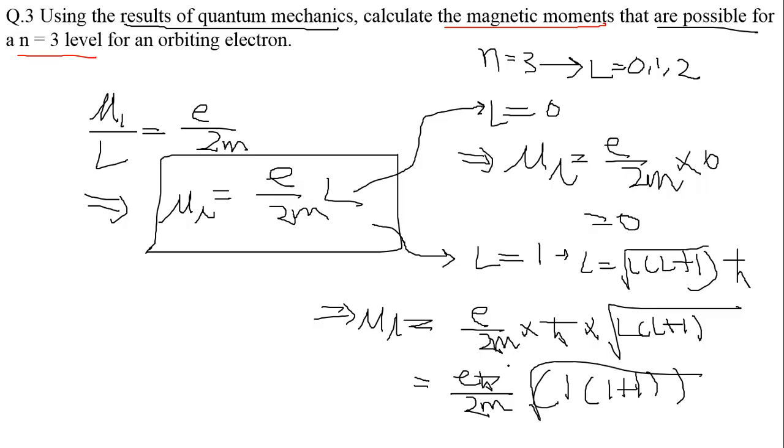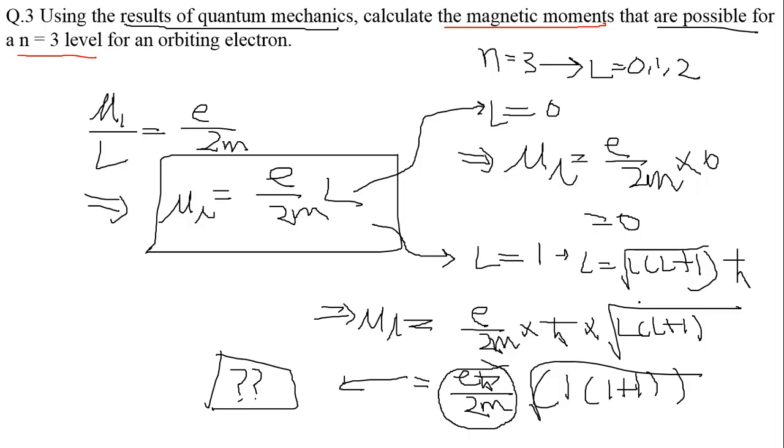Can anyone tell me what this e h cross by 2m is? It has a name. We have discussed this also in previous sessions. e h cross by 2m is the Bohr magneton, and the Bohr magneton is the unit of atomic magnetic moments.